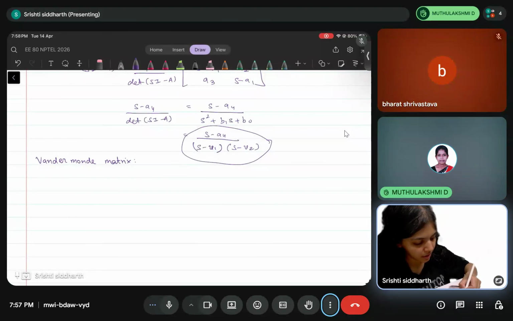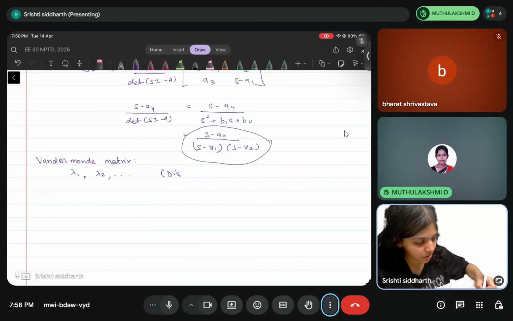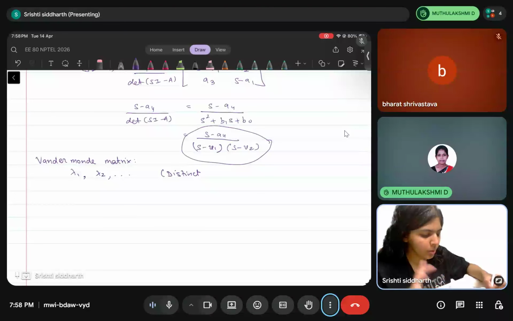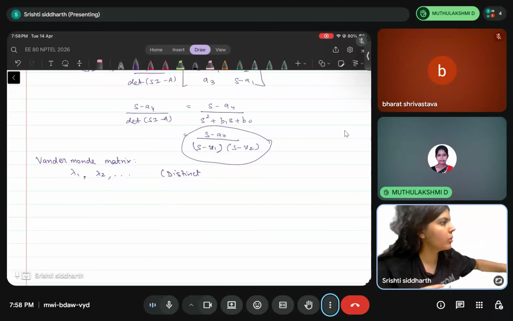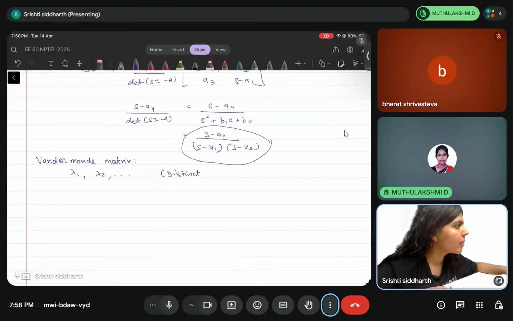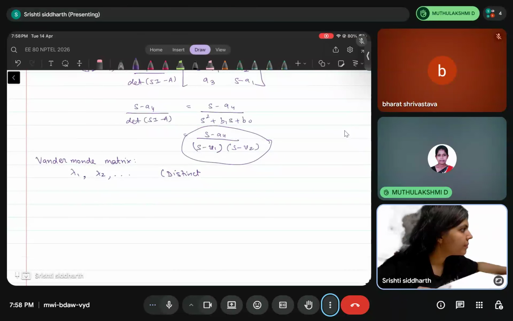If you have distinct eigenvalues lambda one and so on, then the modal matrix applies. Let me check. Yeah, I think it's for distinct eigenvalues.